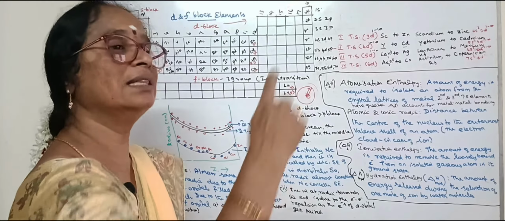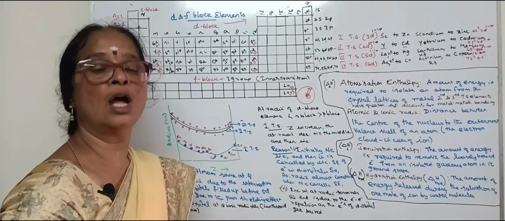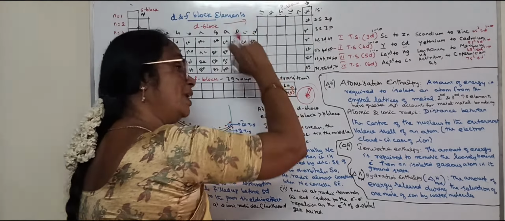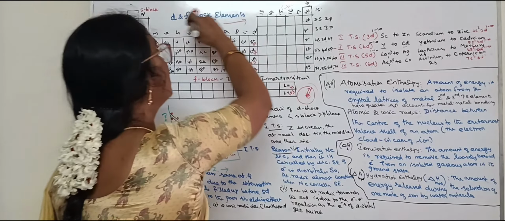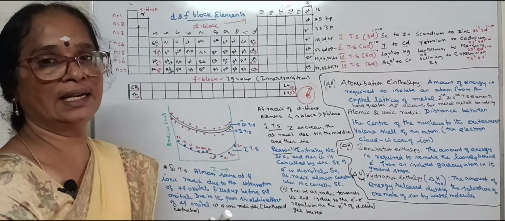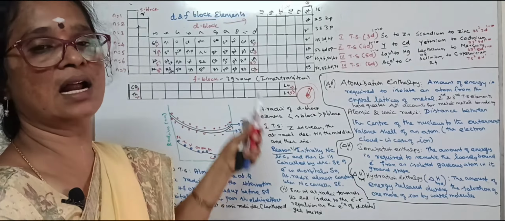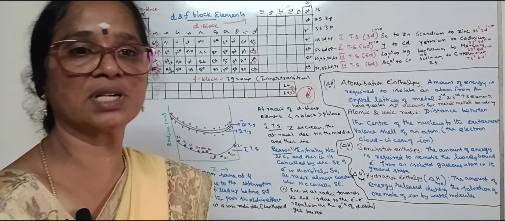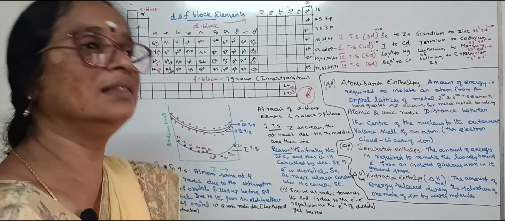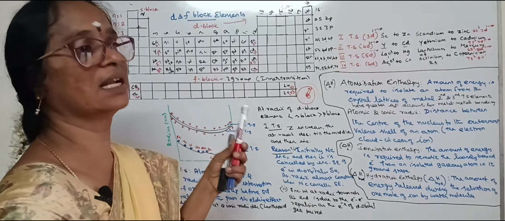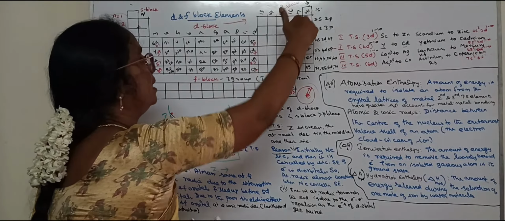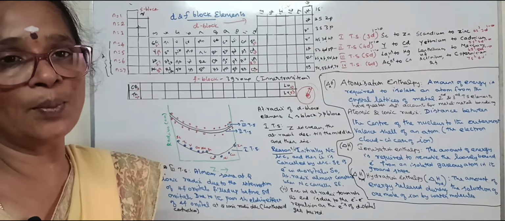The nucleus attracts the valence shell towards itself, that's why atomic and ionic radii decrease along the period. As the differentiating electron enters the same shell and correspondingly increases the nuclear charge, the forces of attraction increase. This is the reason why atomic radii decrease along the period.